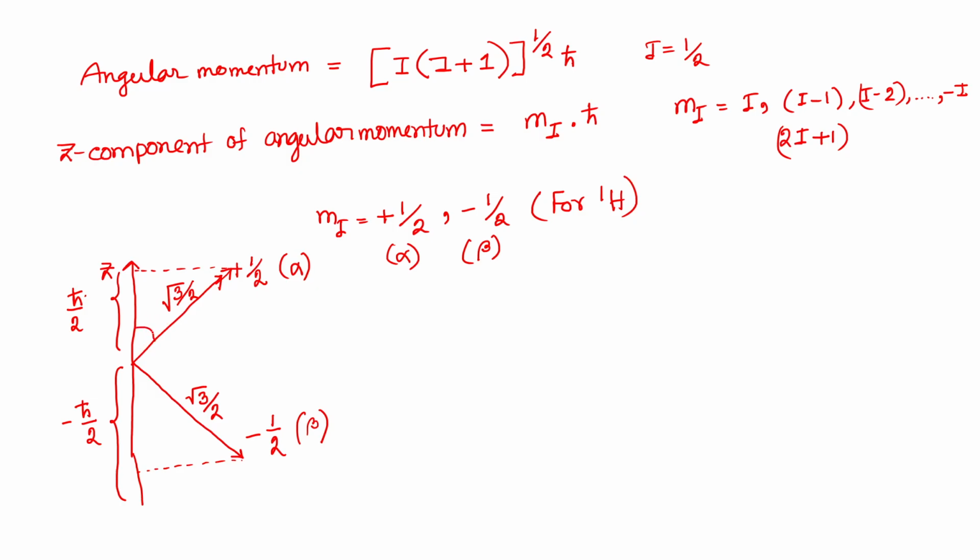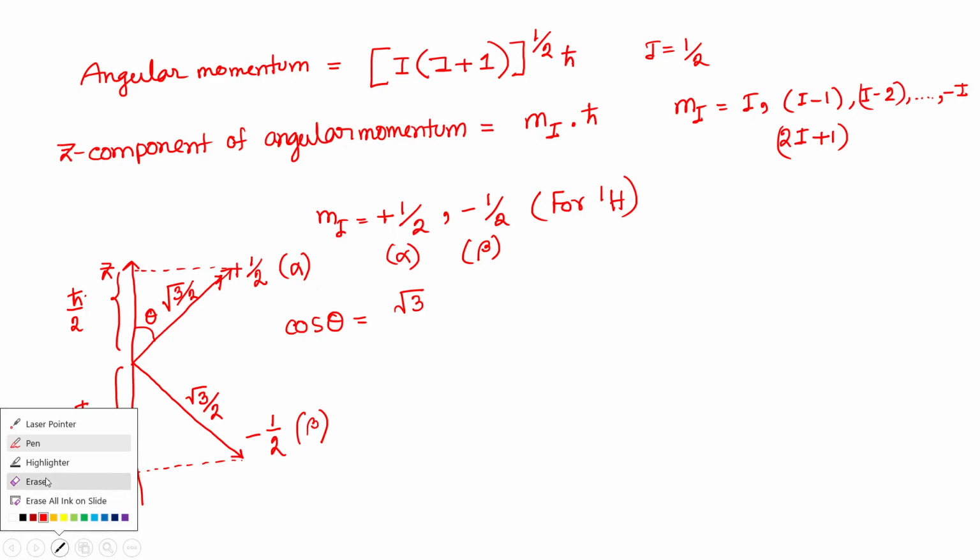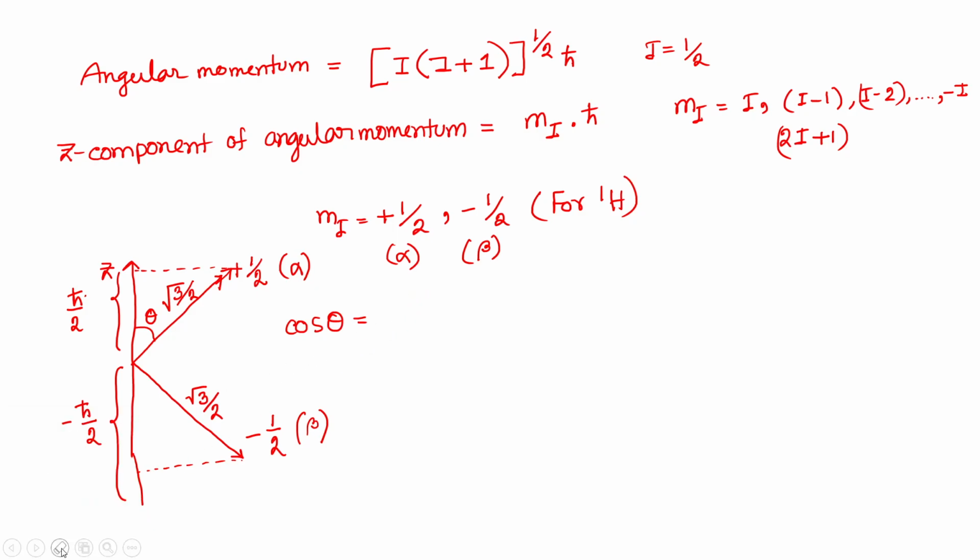What is the angle theta from z? Cos theta is going to be half in the numerator and root 3 by 2 in the denominator, so it is 1 by root 3, and theta is 54.7 degrees for this particular case of proton NMR or 13C.